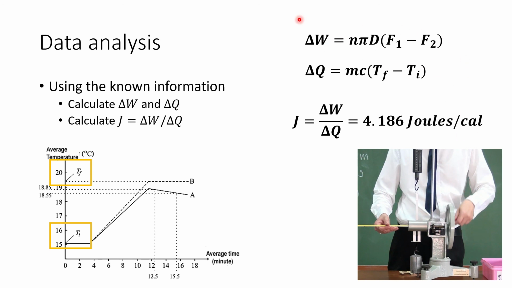And that's the mechanical work. Then since you know the mass of the copper piece here, and you know the heat capacity, you can estimate the thermal energy that's being used by multiplying by the final temperature minus the initial temperature that you get from this graph. By dividing the two, you can estimate the value of J, which is delta W divided by delta Q. All right. Okay, so from here, enjoy the lab, and thank you for your kind attention.